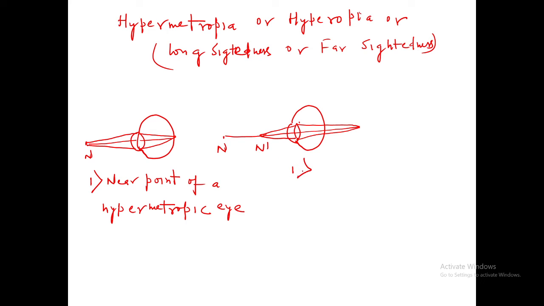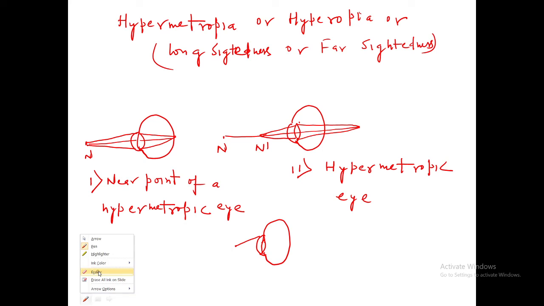So the second case is the hypermetropic eye. And third, correction. So what do we actually do for correction? See our lens. The situation is like this. We have placed a convex lens, right?